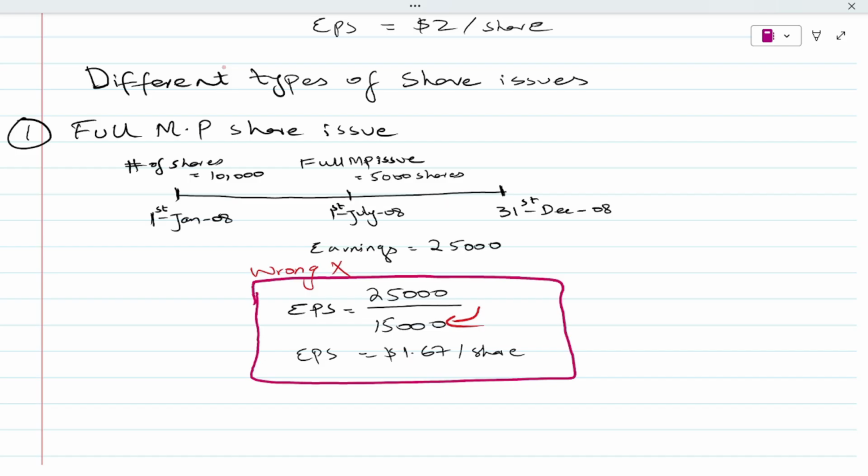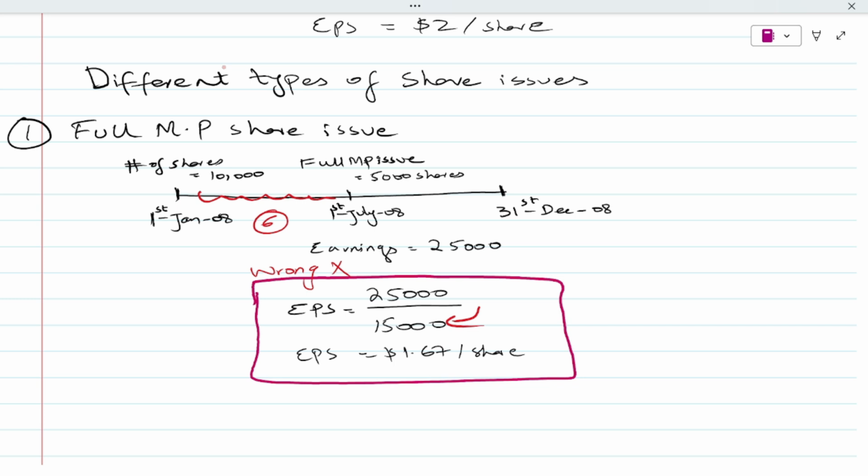But if you look at the question more carefully, one thing that we all can agree on is that during the first 6 months, the total number of shares that we had were only 10,000.